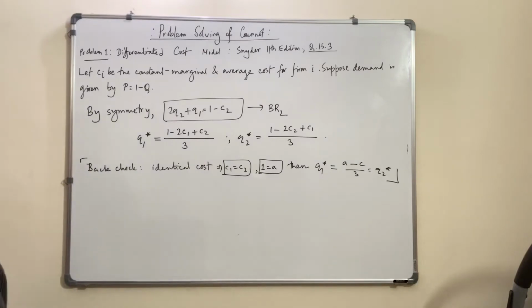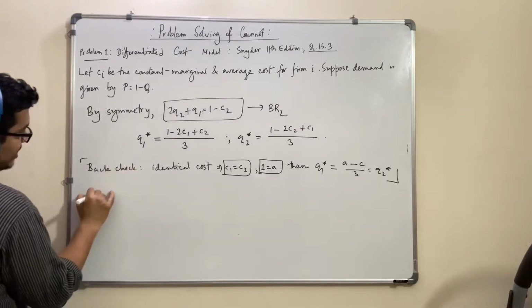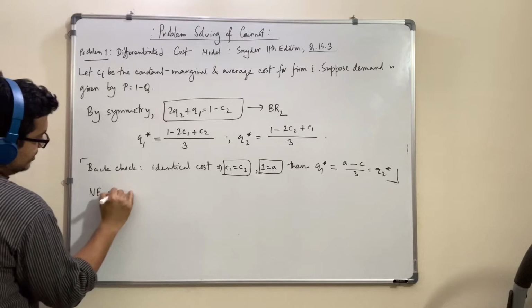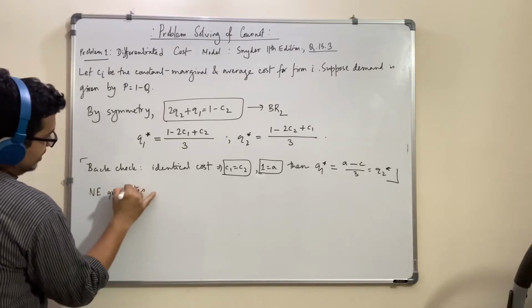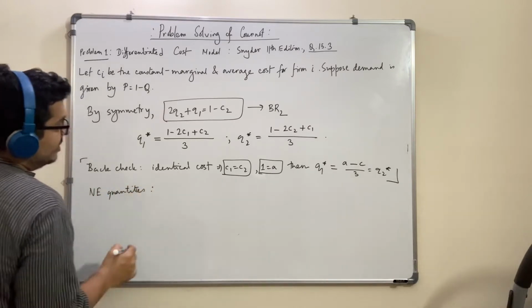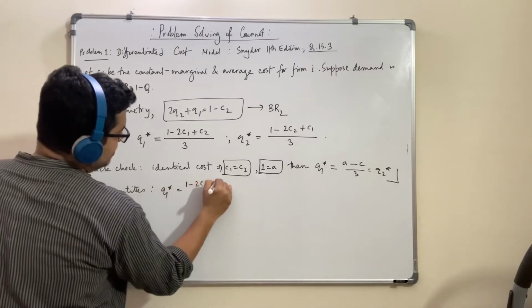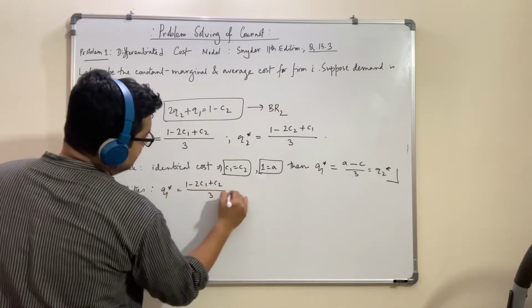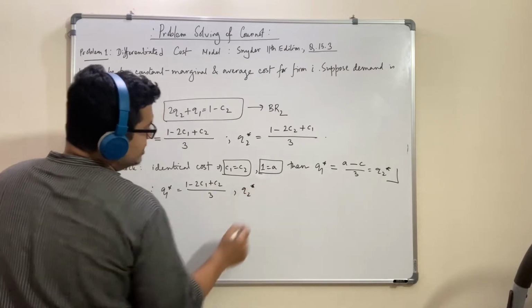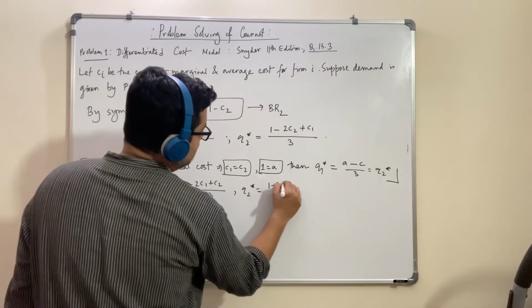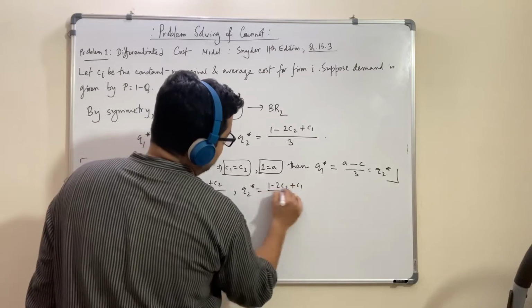Now, these are the Nash equilibrium quantities: q1 star is (1 minus 2C1 plus C2) divided by 3, and q2 star is (1 minus 2C2 plus C1) by 3.